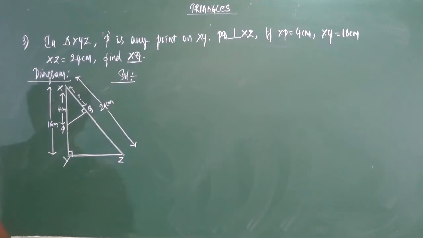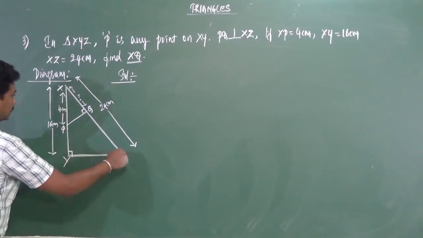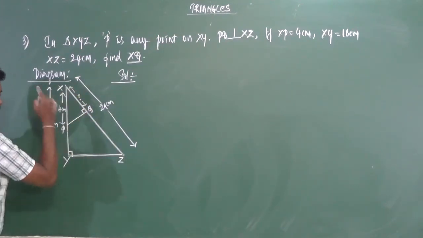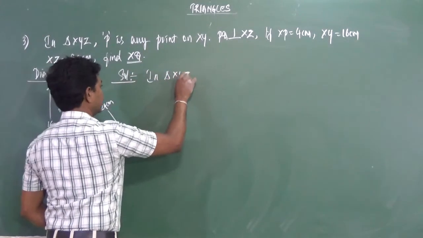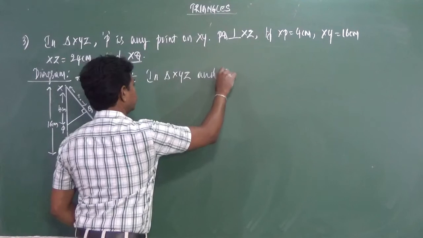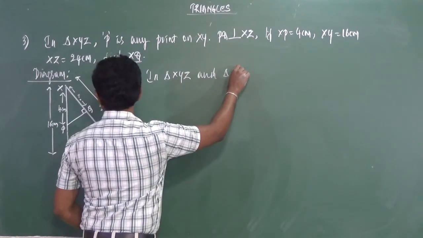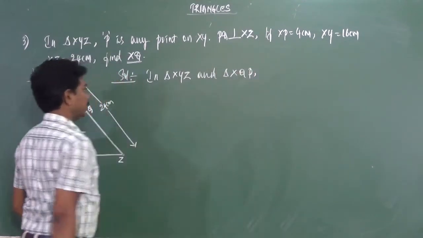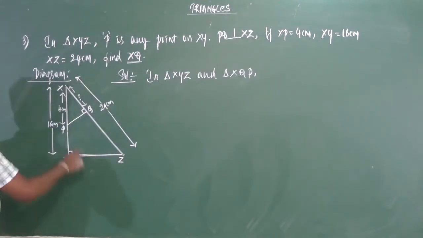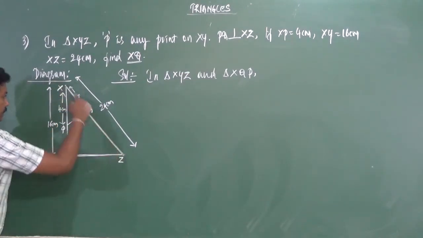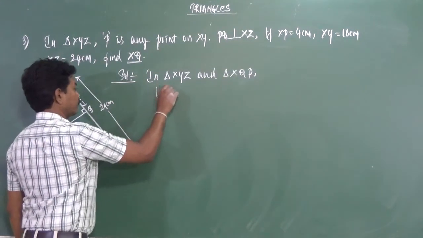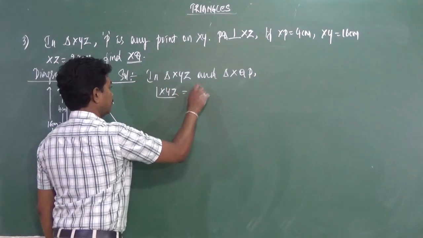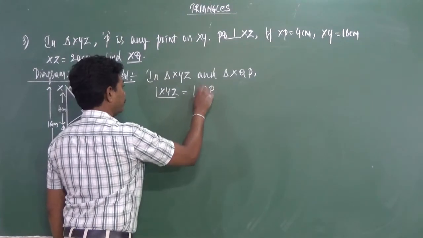So in triangle XYZ and triangle XQP, angle XYZ is equal to angle XQP.